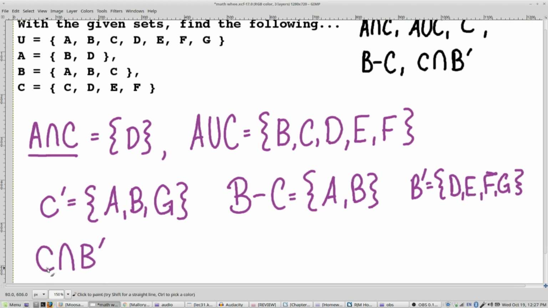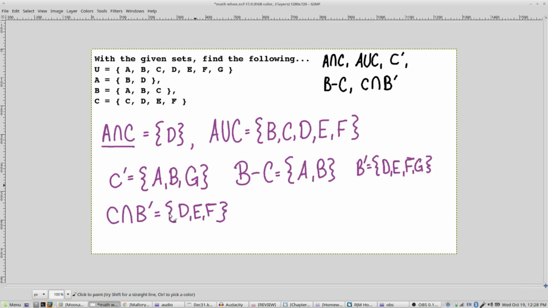What is in common between C and B prime? Well, we'll have D is shared, E and F are shared. So here we have D, E, F, G, here we have C, D, E, F. Whatever's in common is used in the intersection, and that's our solution.